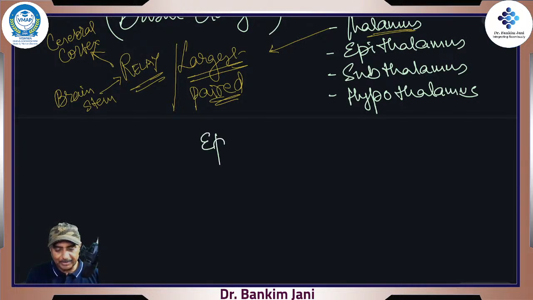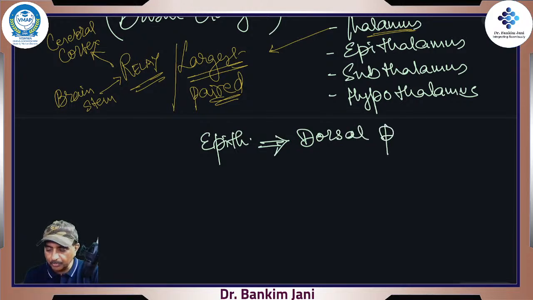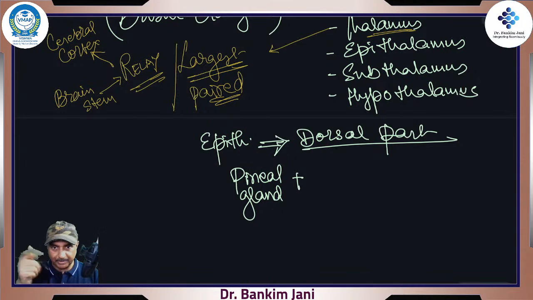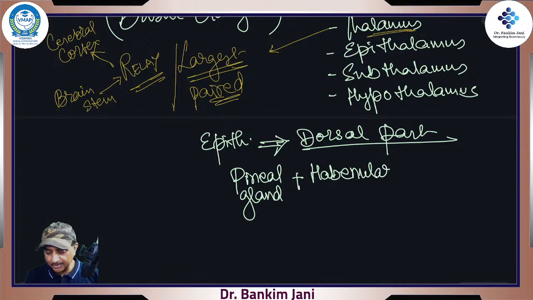Talking about the epithalamus, it's the dorsal part, but there are so many important areas. Some of them you'll know immediately. Pineal gland: if you have practiced those figures in the previous sessions, immediately you'll say yes, the pineal gland, which is meant for the circadian rhythm. Then there was the habenular commissure, because there is the habenular nuclei.